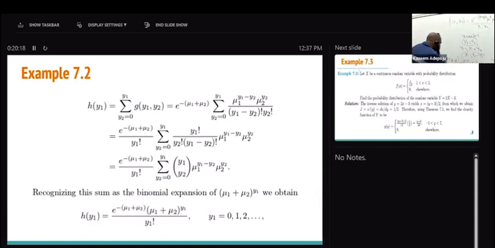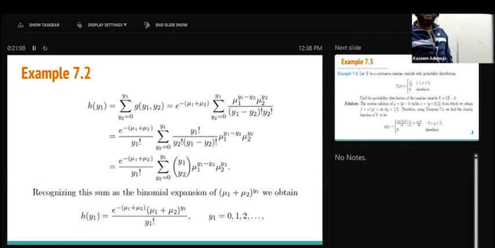Now, what we get is this guy. Finally, h of y1. By the time you plug all that in, you're basically going to see that initially, if you look at the first row, there was no y1 factorial. But when you look at the second row, because I need that, I introduce y1 factorial here and here, so they can cancel out.